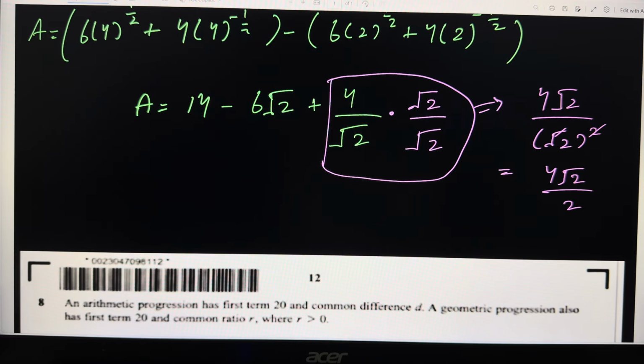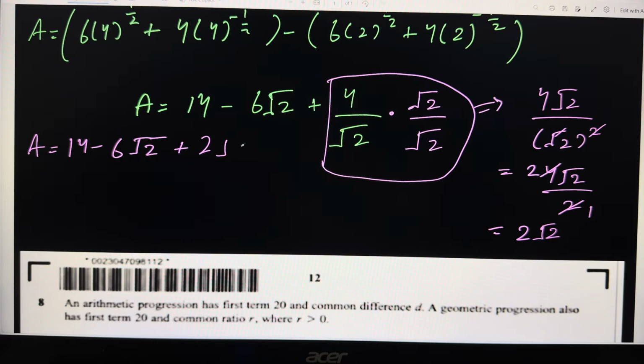Now if I try to write it like so, we can write this as 14 minus 6 under root 2 plus, sorry, this becomes 2 under root 2 plus 2 under root 2.